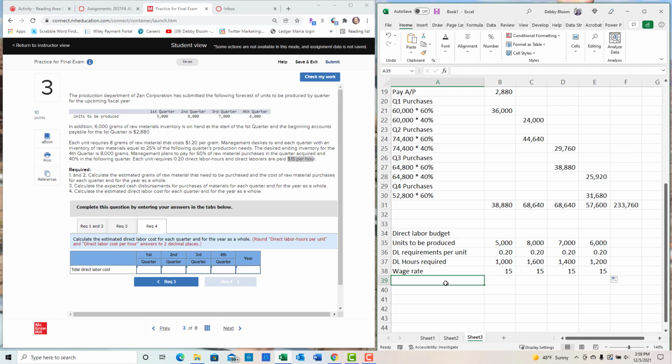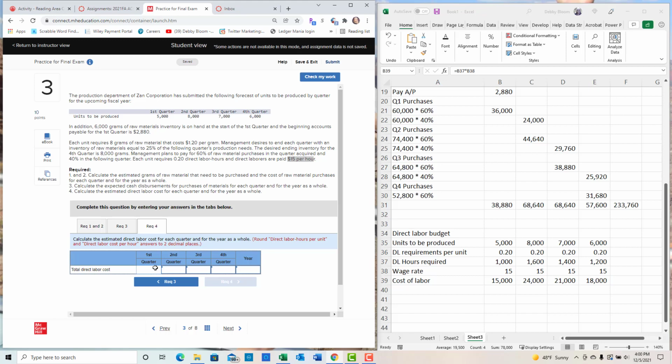So just multiply the hours required by the wage rate to get to the cost of labor. So 1,000 times 15 gives me 15,000. Copy that across the board.